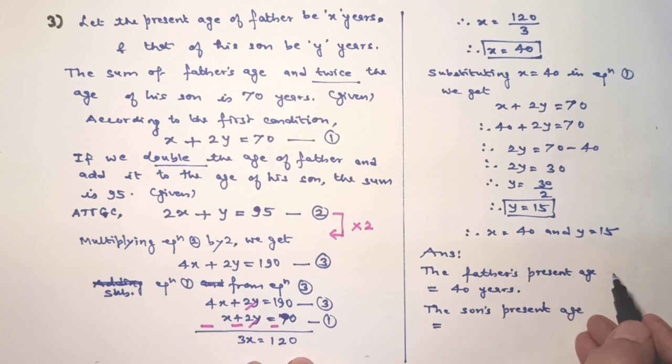If you want to write x, you can write x, which is equal to 40 years here, father's age, and son's age is equal to y, which is equal to 15 years.